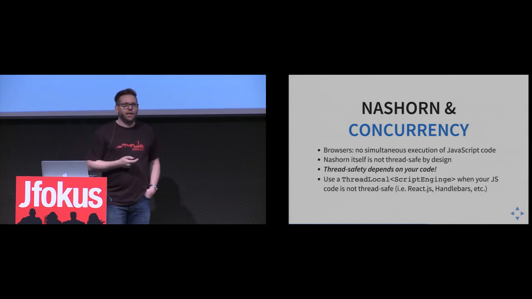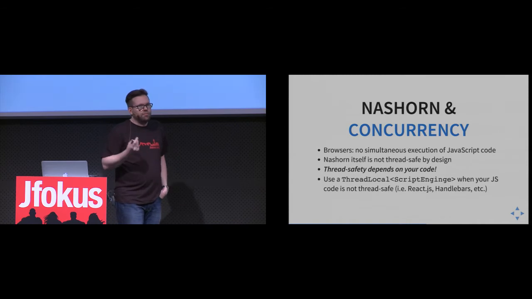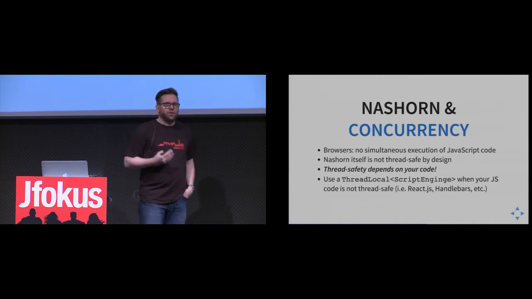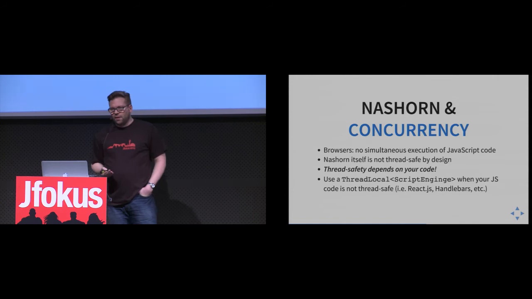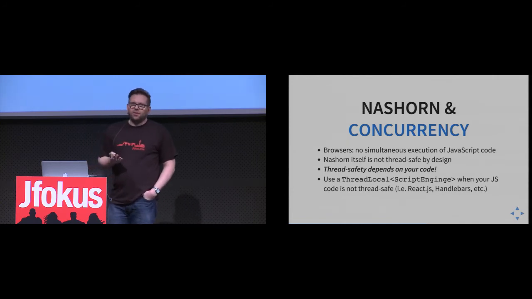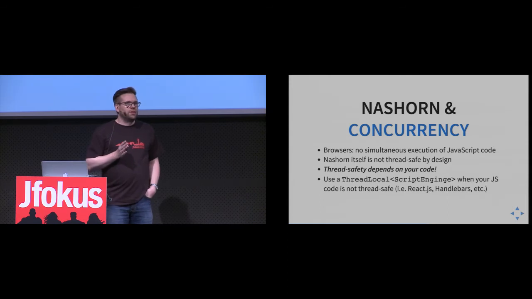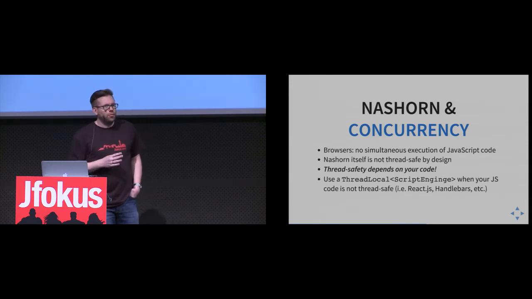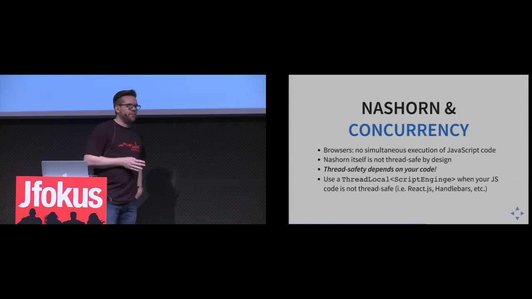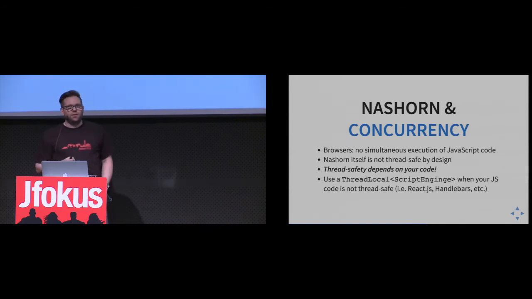And many of the Node.js packages and libraries don't think of concurrency because they don't have to. But in Nashorn, it's possible to execute JavaScript concurrently in more than one thread. So you have to think of concurrency problems.